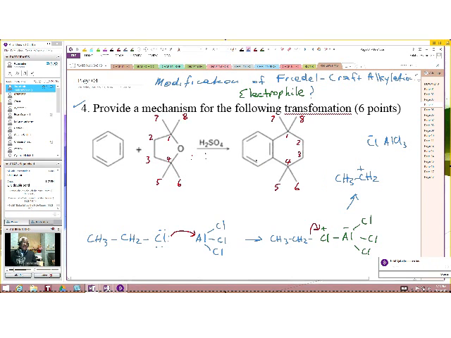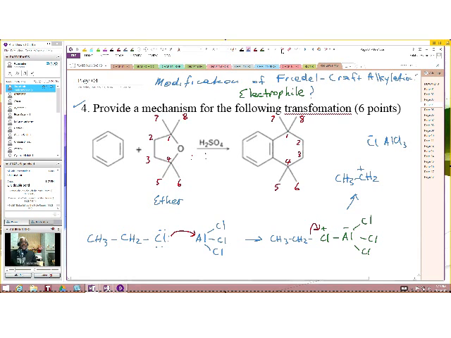So if I told you that this is a modification of the Friedel-Crafts alkylation, the difference here is we are not using an alkyl chloride, we are using an ether. Okay, that is the difference. But the point is that we are going to go through the formation of a carbocation.